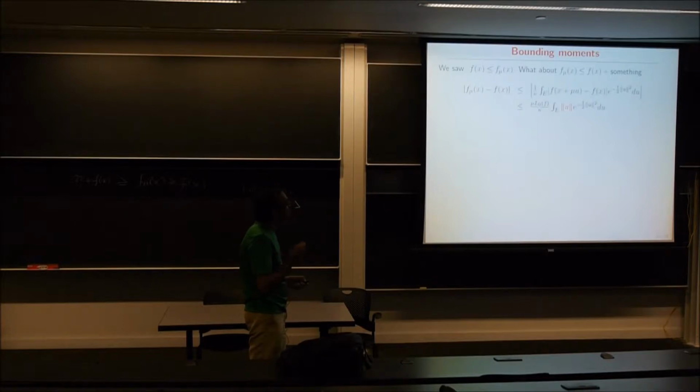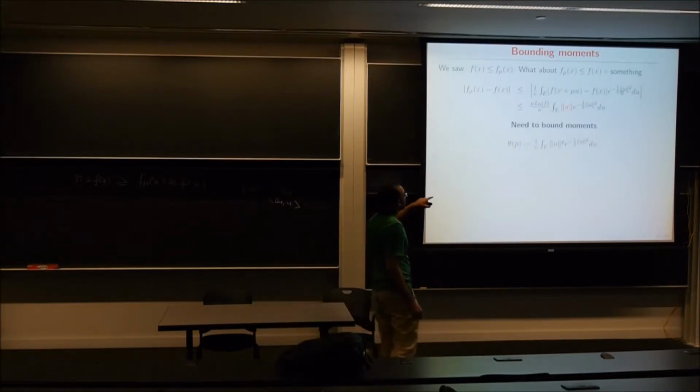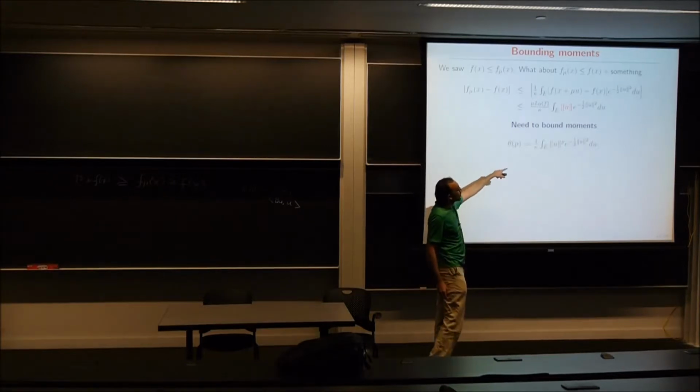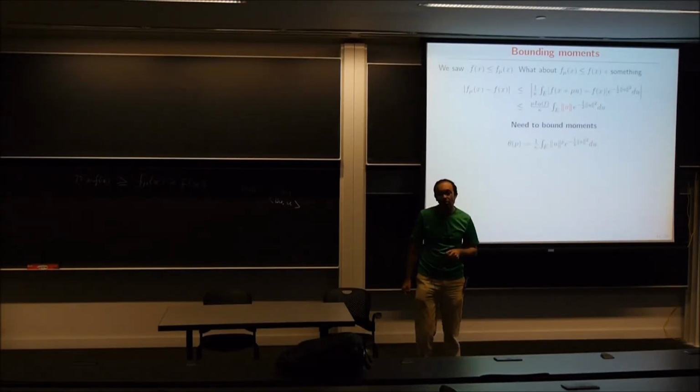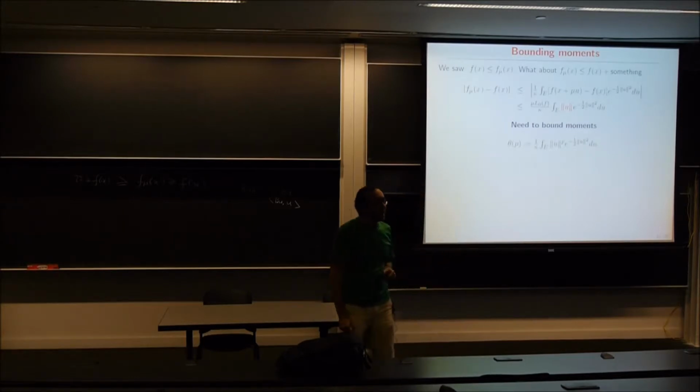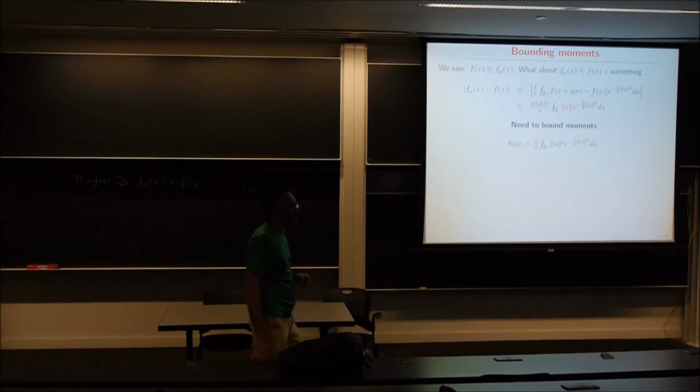So let's look at a slightly more general thing. Let's look at these moments of the norms of u for p bigger than or equal to 0. And let's try to get a handle on those moments. With p equal to 1, we'll be able to get an upper bound on that. I really like this cute little proof that Yuri has in his paper. So let's look at it.